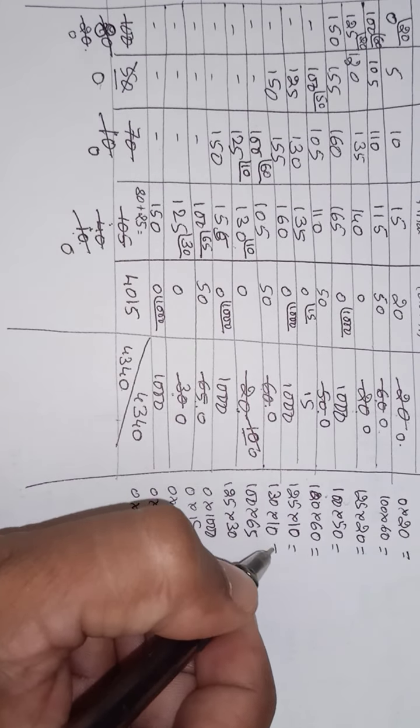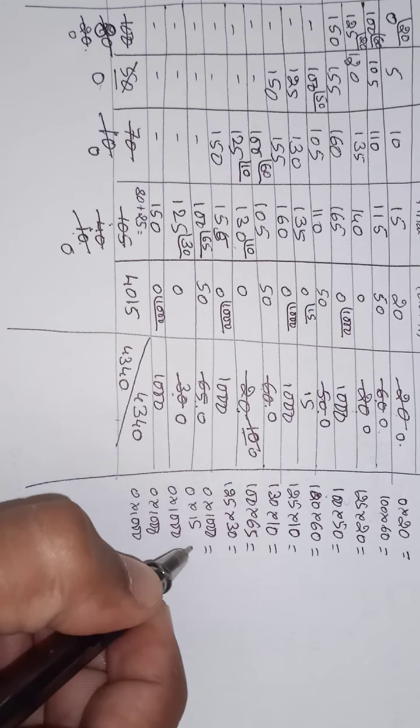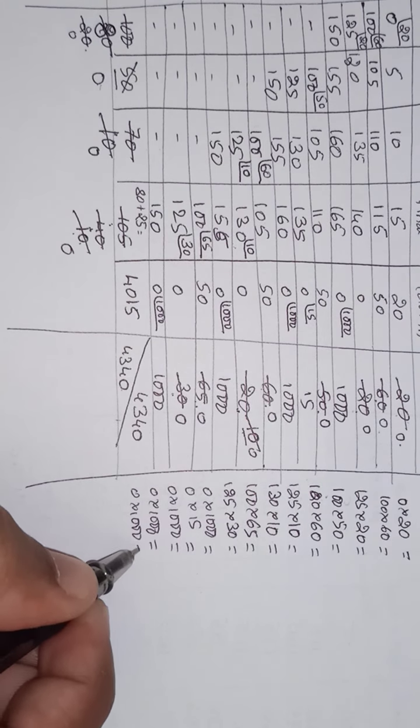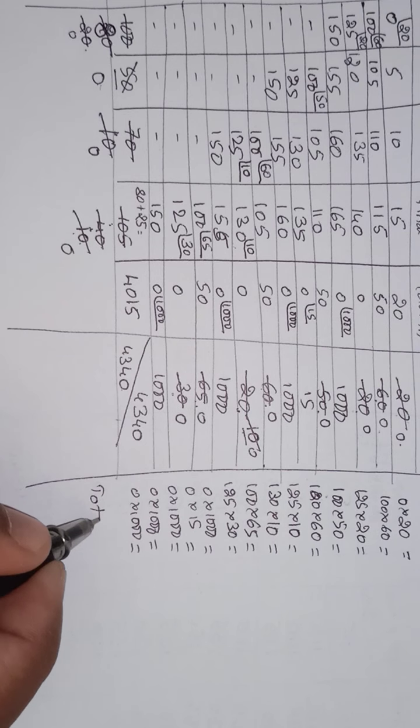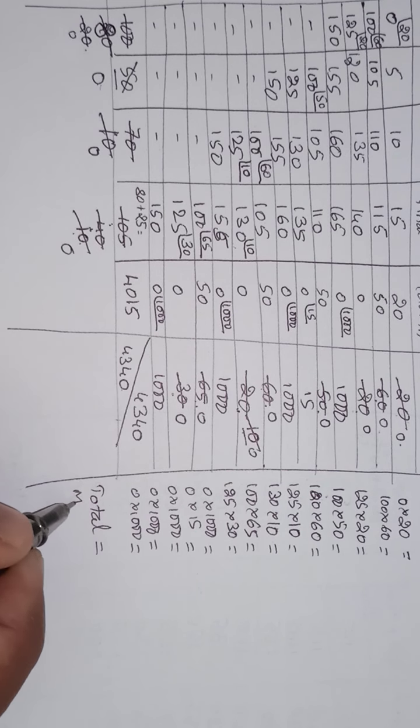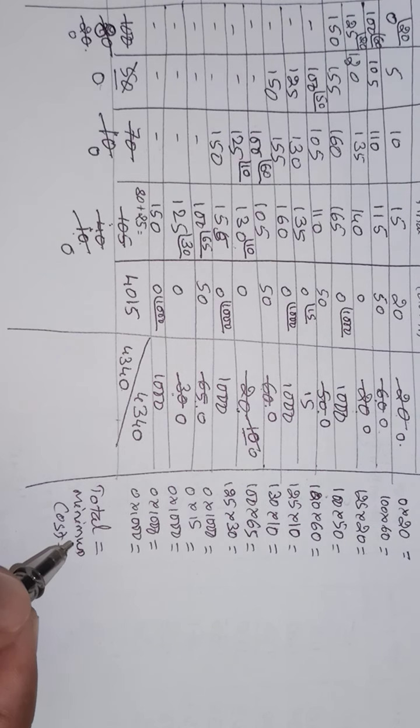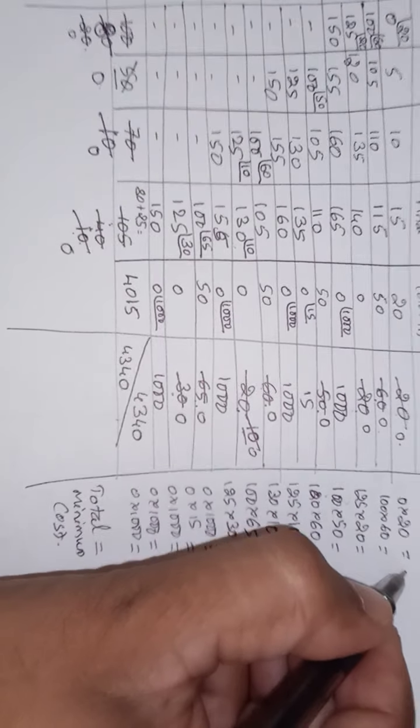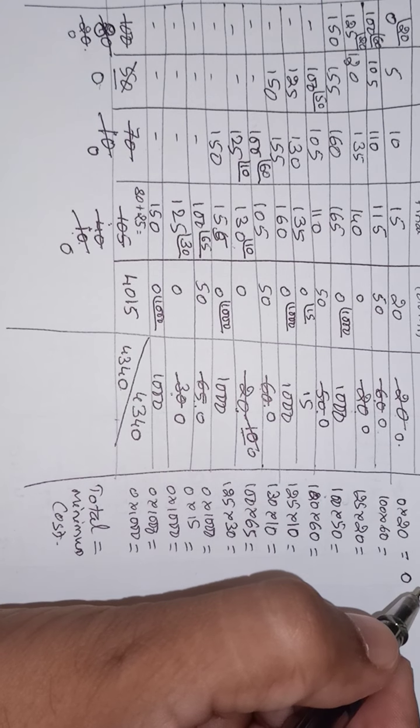By adding these, you will get the total minimum cost, right? So here 20 into 0, 0, right?